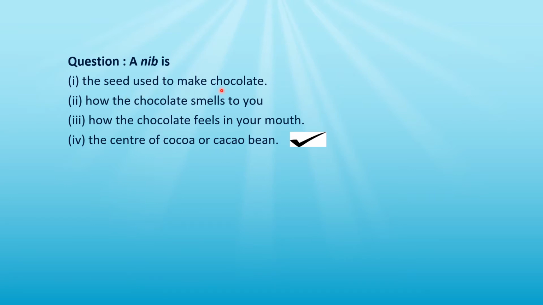It is not the seed used to make chocolate; that is cocoa. Then how the chocolate smells to you, we call it aroma. How the chocolate feels in your mouth is bittersweet. So these are the words we define for chocolate, but the meanings are different. A nib is known as the center of the cocoa bean, right? Let's move to the next part.